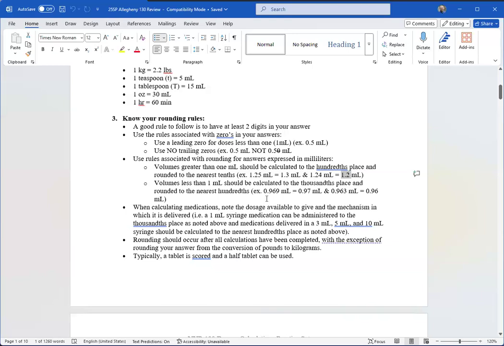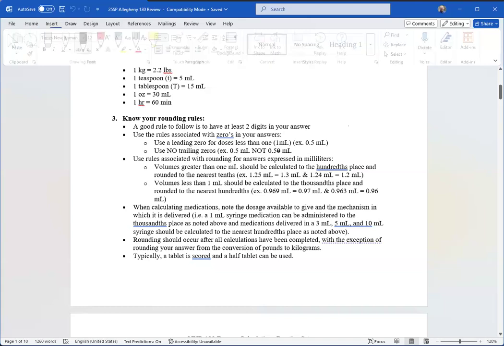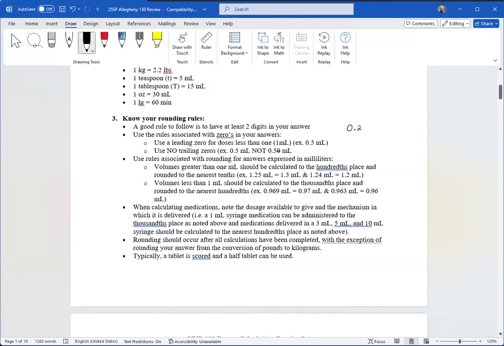Okay. If you have a volume that's less than 1, this is actually a bad example. Let me give you a better example, one that you might actually see. So let's say it's something like 0.275. What we want to pay attention to is we want to have both these digits accounted for. So we're going to look at this, which is the thousandth place, to tell us what to do with this number.